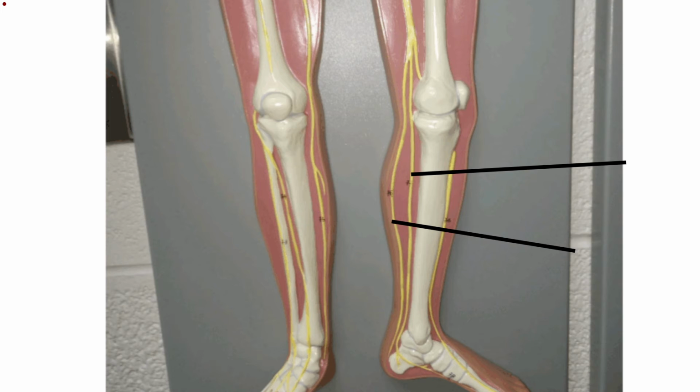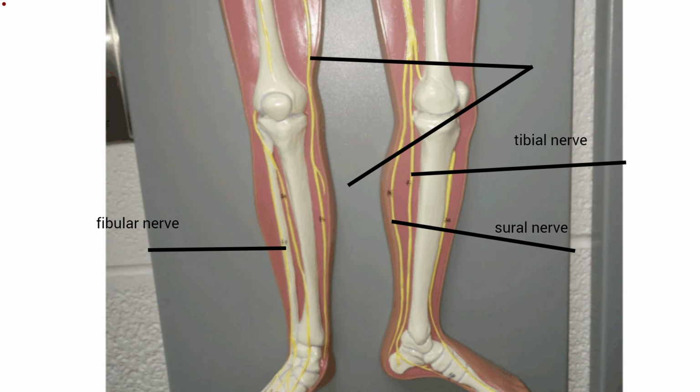This is tibial nerve, sural nerve, and I'm not sure if it is on your list, but this one running down the fibula is the fibular nerve. And this one we pointed to somewhere else, but it runs the whole length. This is saphenous.